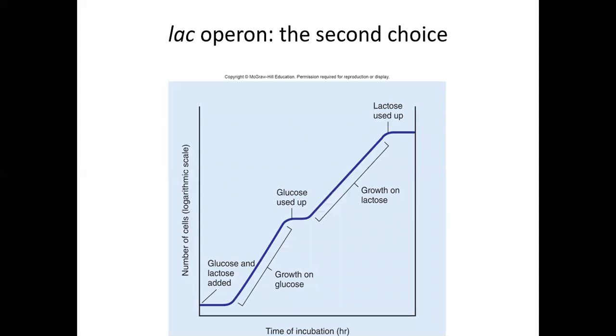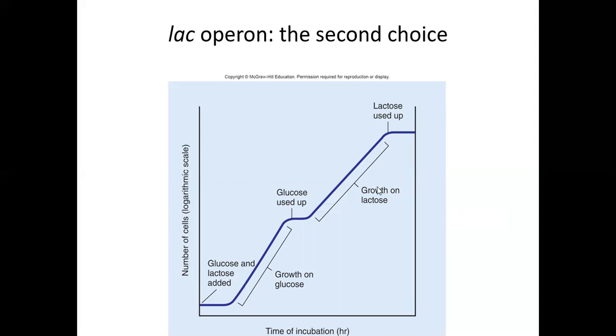And this is a good point too, that glucose is the preferred source of energy for bacteria, right? So when glucose is present, the bacteria will first metabolize the glucose, and then once glucose is used up, then you say, oh, there's lactose present, so we should go ahead and transcribe this operon and metabolize the lactose, basically is what this is saying.